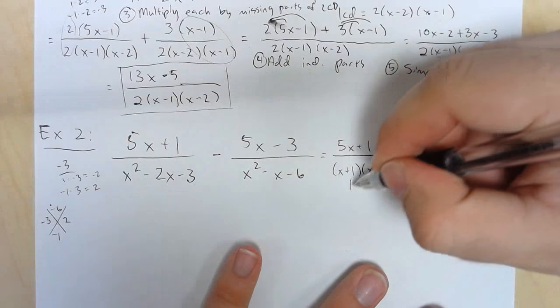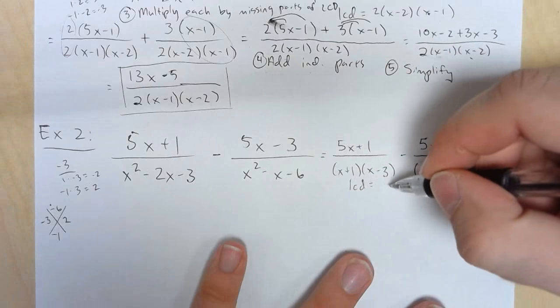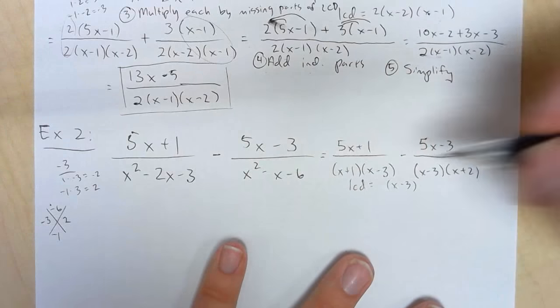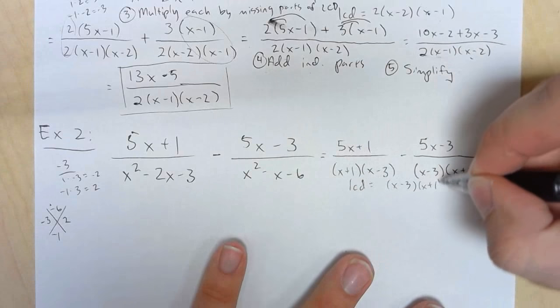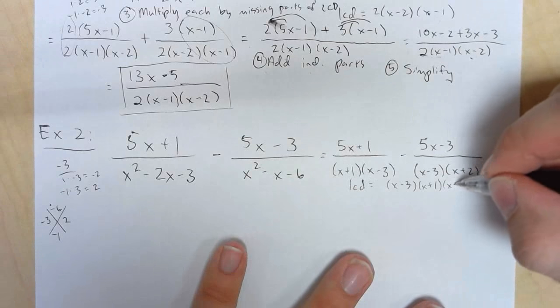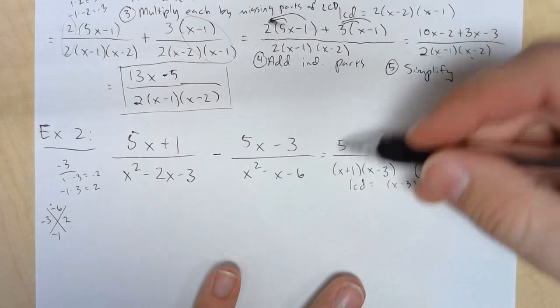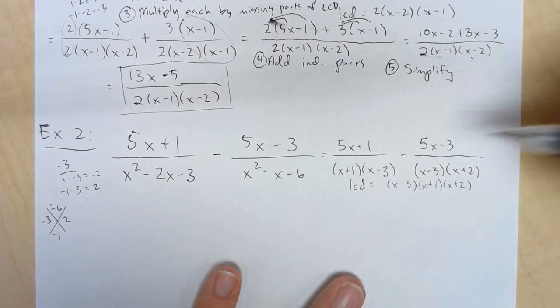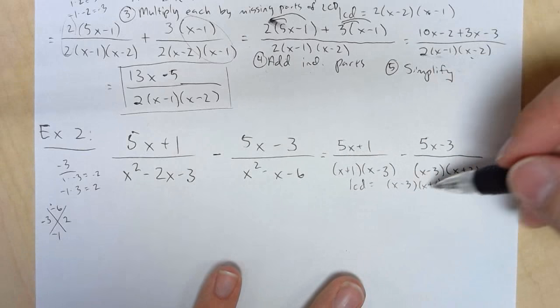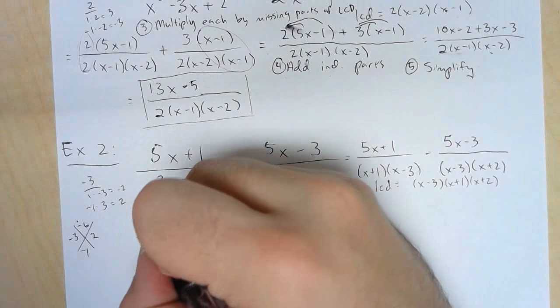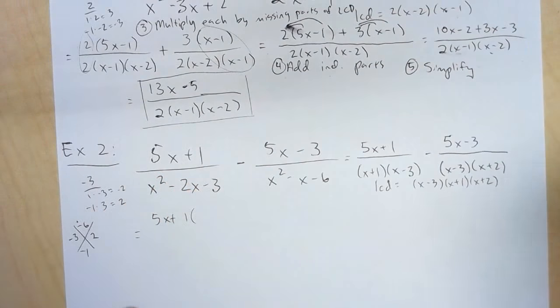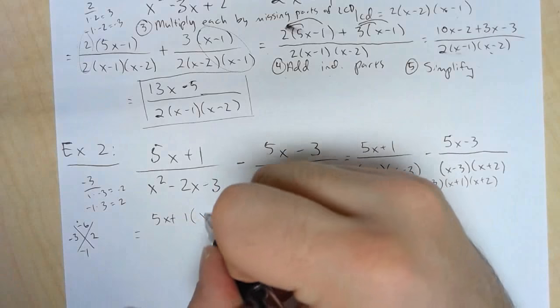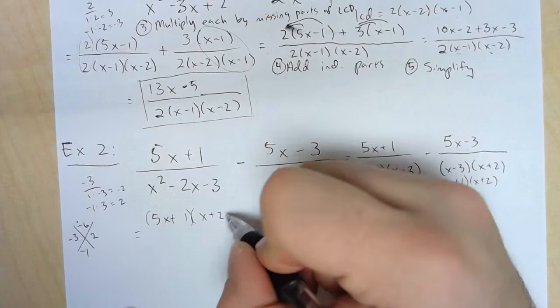Okay, so let's look for our LCD. Our LCD, we've got x minus 3 in common. Looks like we're also going to have x plus 1 and an x plus 2. So we're going to multiply the left one by x plus 2 and the right one by x plus 1. So we're going to have (5x plus 1) times (x plus 2). Oh, we probably should put that in parentheses.